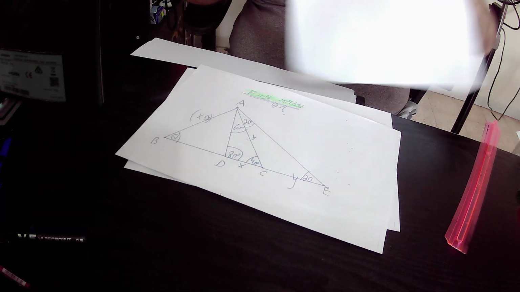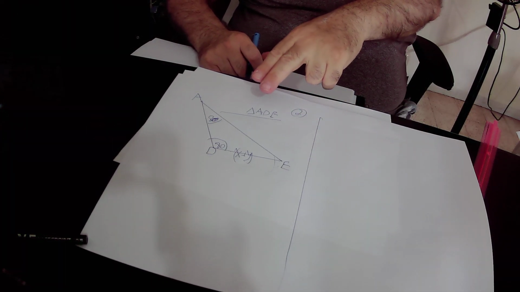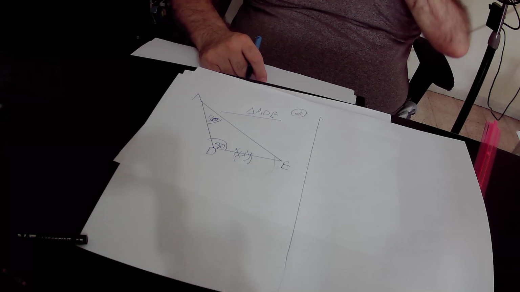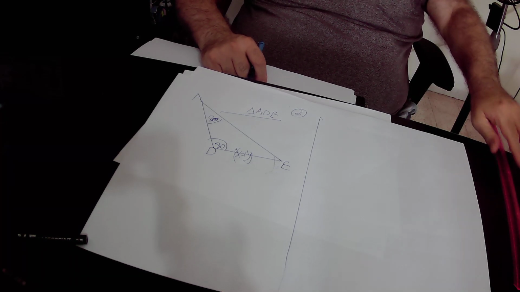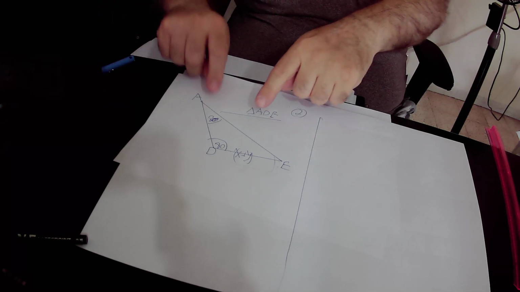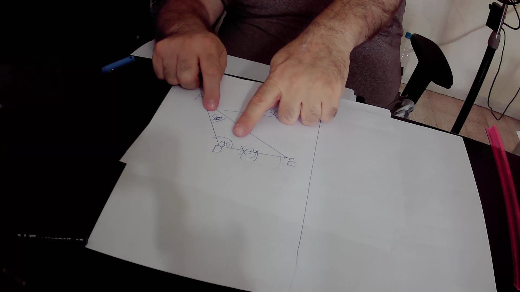This is triangle ADE that I copied from the original drawing. In triangle ADE, those two angles are both equal to 80 degrees, therefore they are equal to each other. And we have the rule that in front of equal angles in the triangle, there are equal sides.